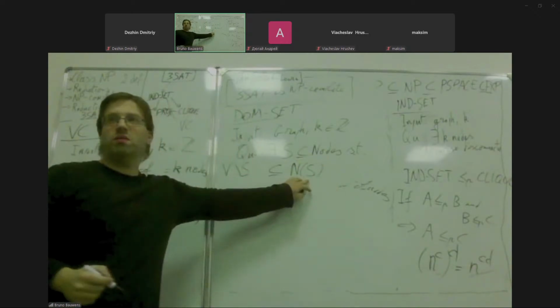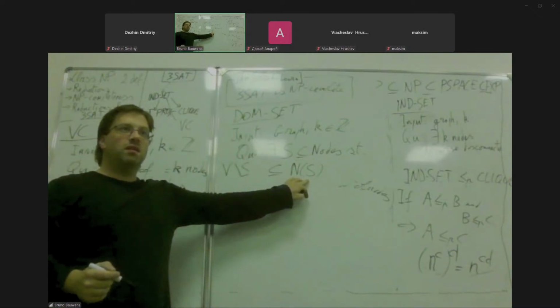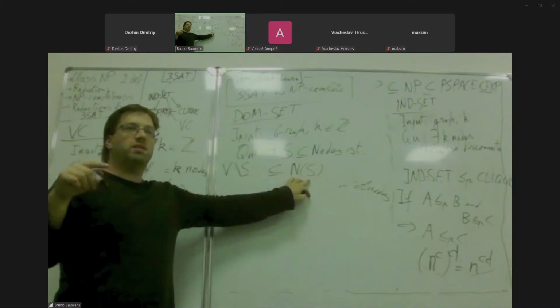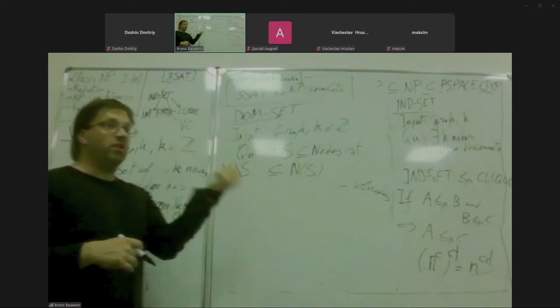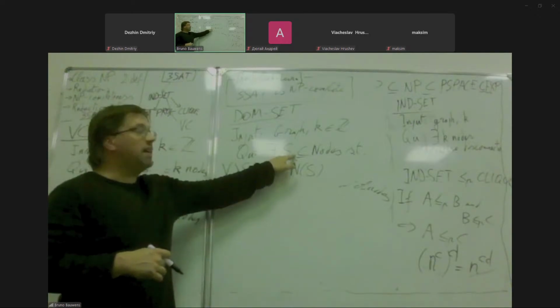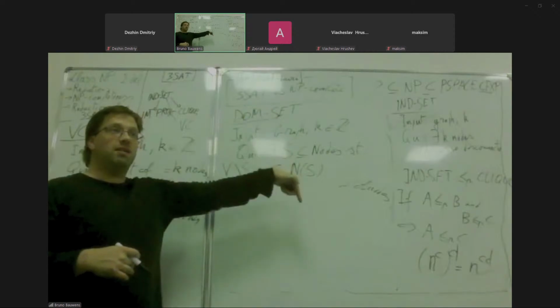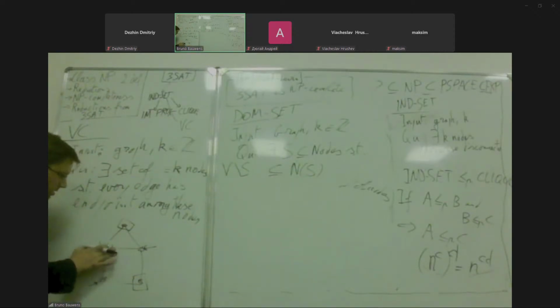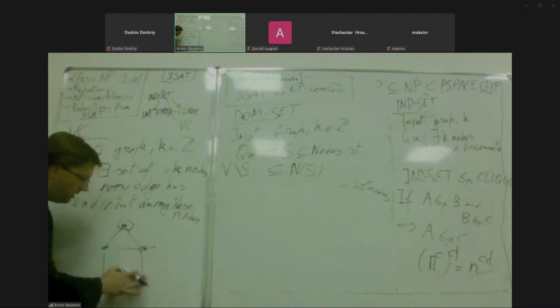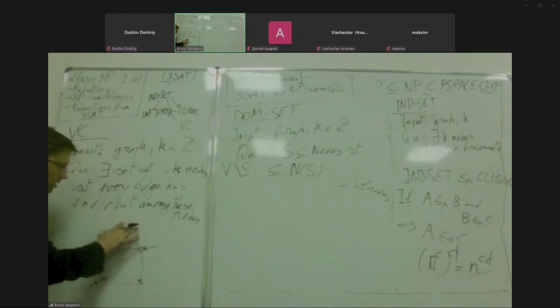So N of S, you know this notation. If S is a set of nodes, these are all the nodes that are connected to S. So in other words, every node not in this set S must have a neighbor inside S. So let's look at our example here. Do we have a dominating set of size 1?